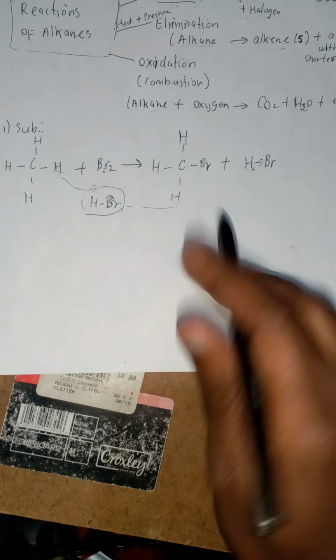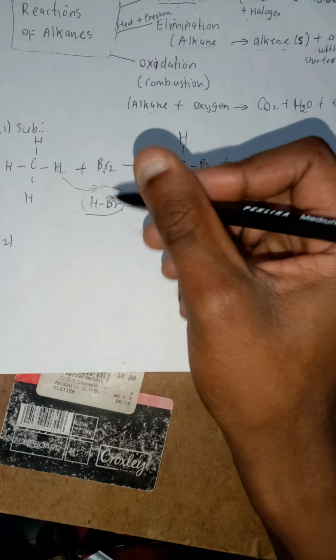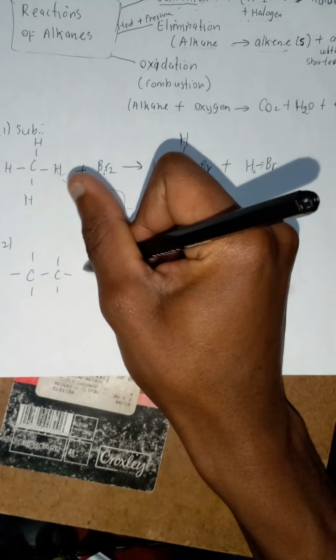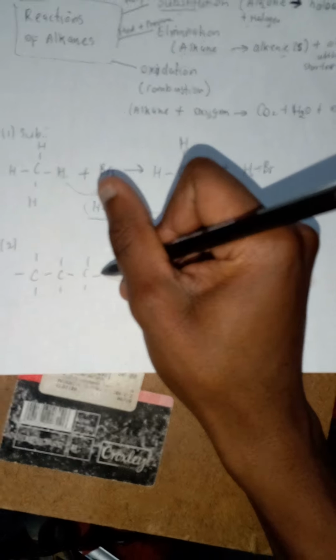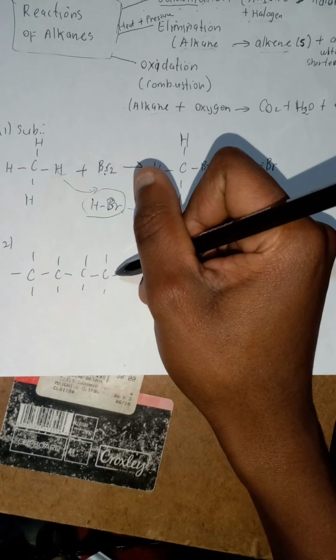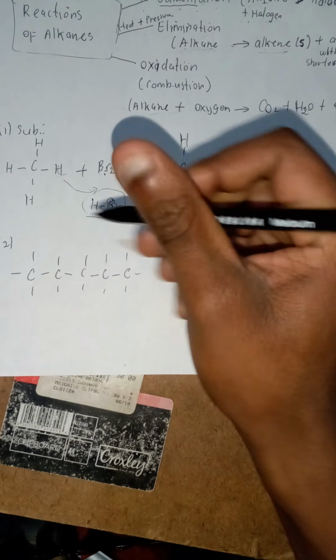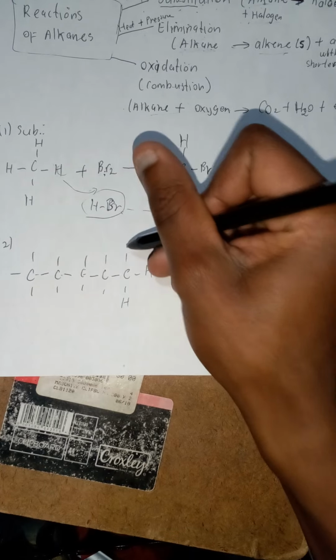And then one example of an elimination reaction, which is number 2. Let's take a carbon structure with 5 carbons, 1, 2, 3, 4, 5, with also hydrogens.